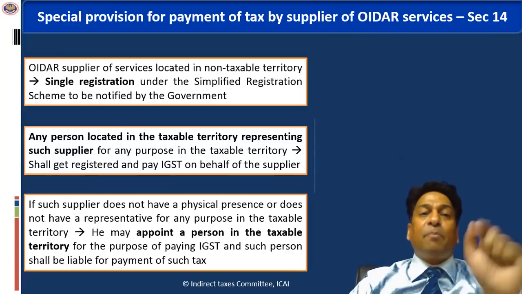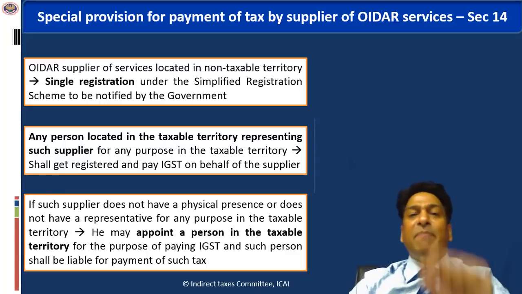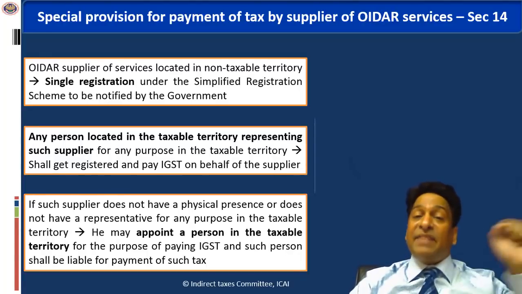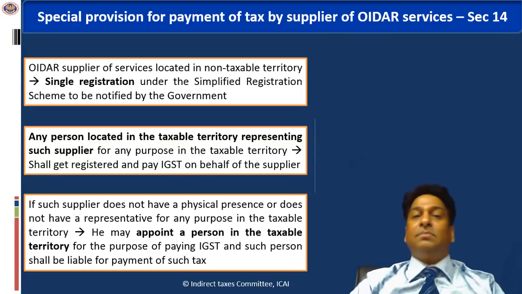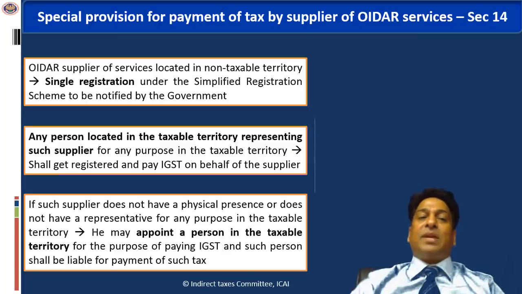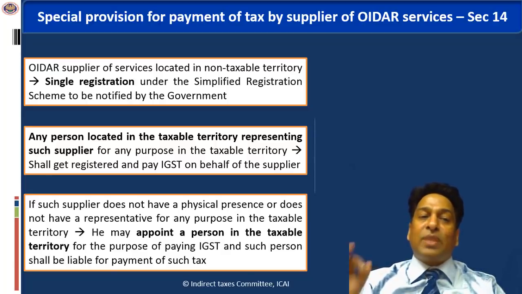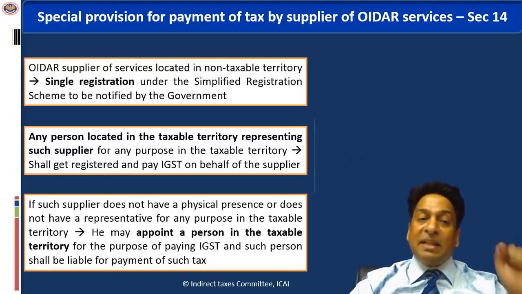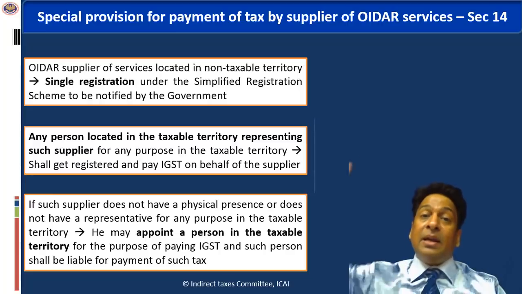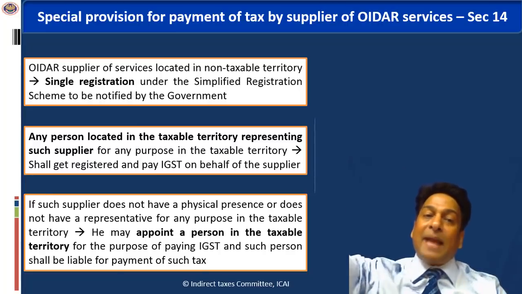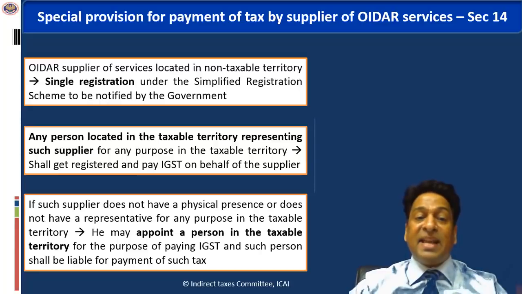In this case, a special provision is made under section 14, which says that such a supplier located in non-taxable territory has to take a single registration under the simplified registration scheme notified by the government. Any person located in taxable territory representing such supplier of online information database access retrieval service shall get registered and pay IGST on behalf of the supplier.